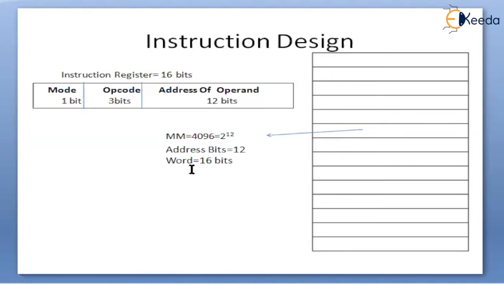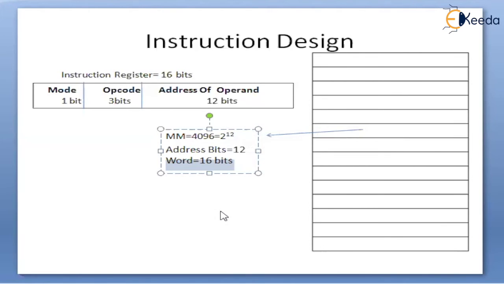The architecture we use is a 16-bit architecture. So one location should be 16 bits, which means every word in the memory is a 16-bit word.